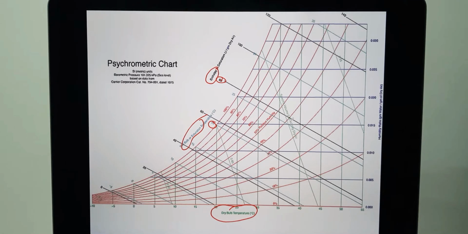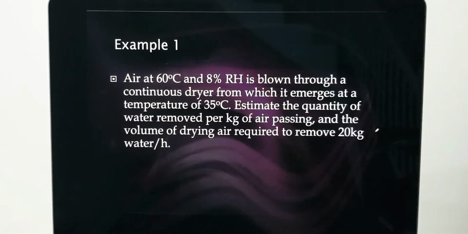And the green color is specific volume. So how many parameters do we have here? We have dry bulb temperature, wet bulb temperature, specific volume, enthalpy, as well as humidity ratio. Okay, so now let's take a look at the example.